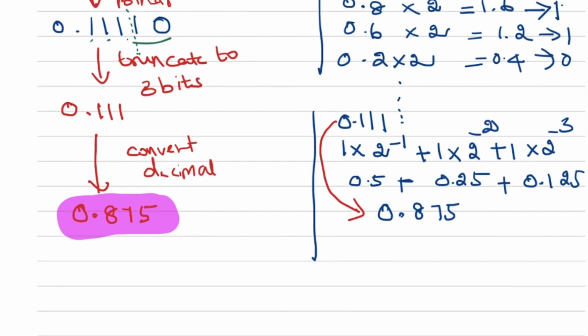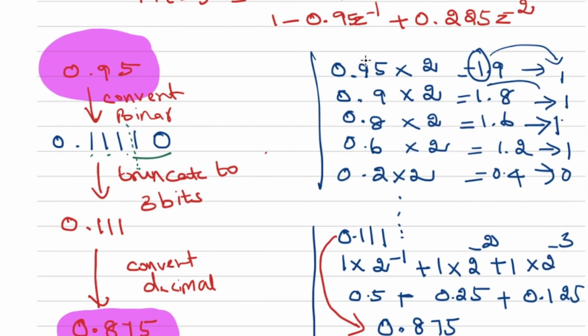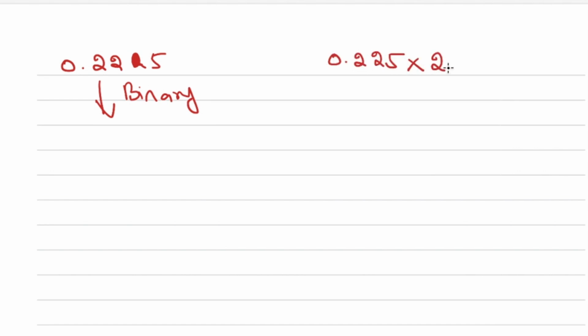Similarly, we want to do the same for the coefficient of the second value, that is 0.225, the coefficient of z power minus 2. Initially we need to convert this to binary. The same procedure we are following here. 0.225 into 2 is 0.45.